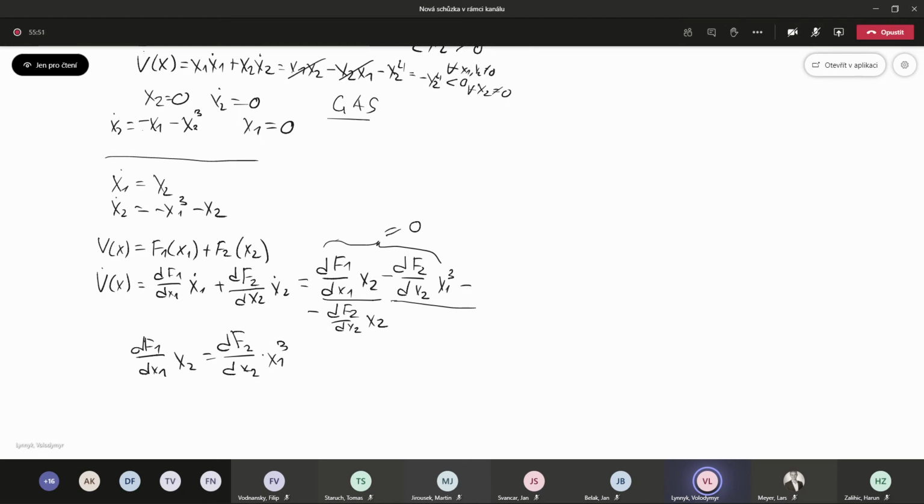And df1/dx1 divided by x1 cubed is equal to df2/dx2 divided by x2.